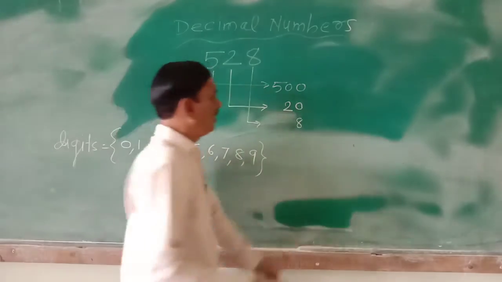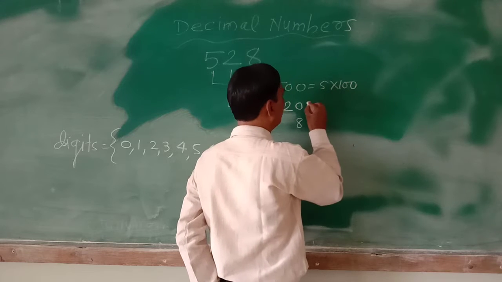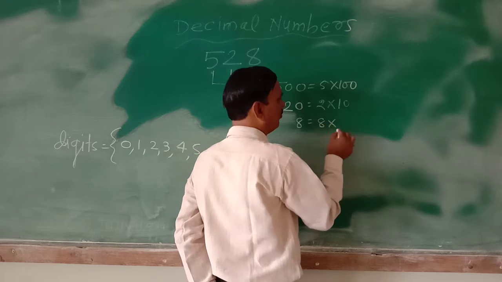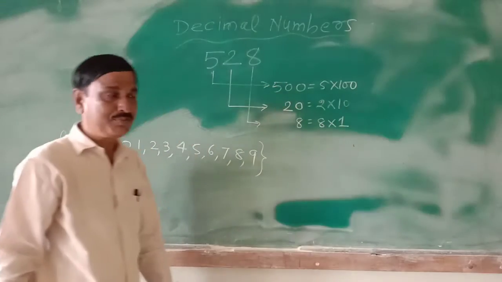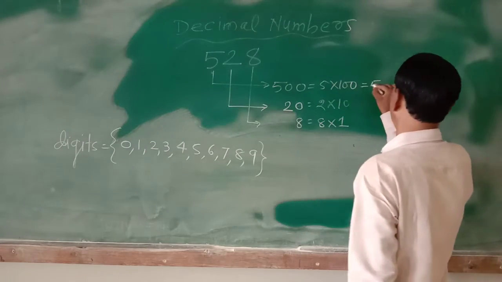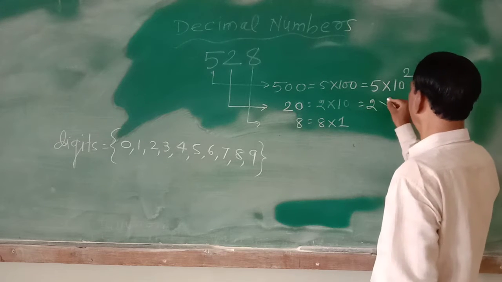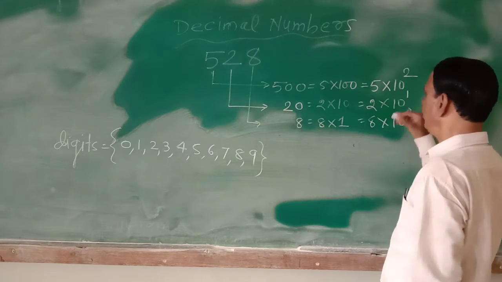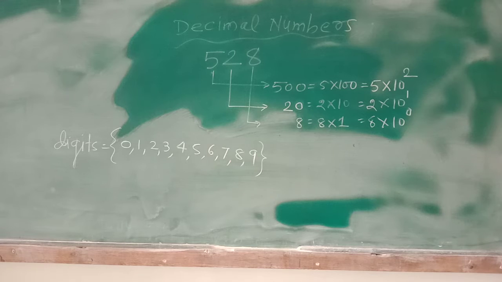Now look, here 500 stands for 5 into 100. 2 stands for 2 into 10. 8 stands for 8 into 1, isn't it? Similarly, in other words, 5 into 10 to the power 2, 2 into 10 to the power 1, 8 into 10 to the power 0. In other words. So, look at this.